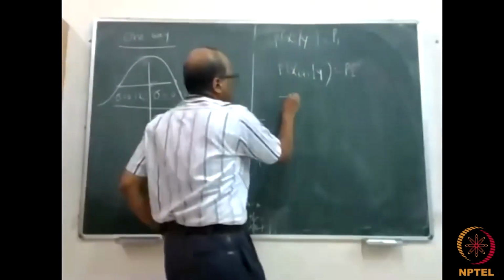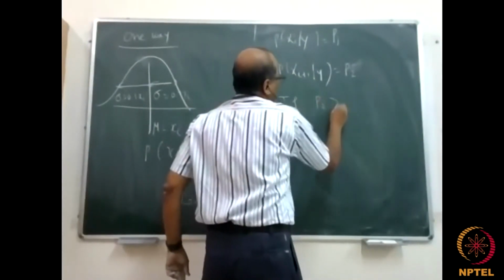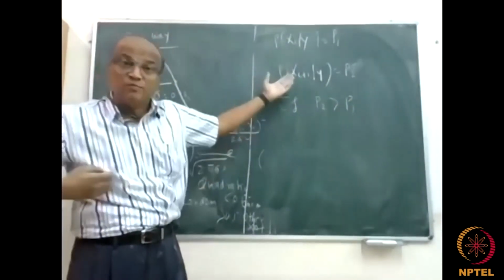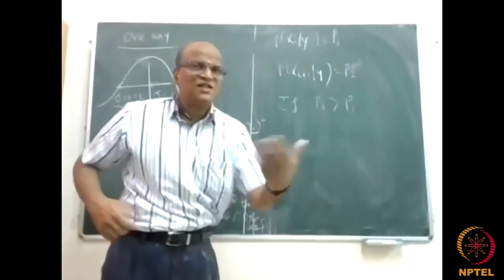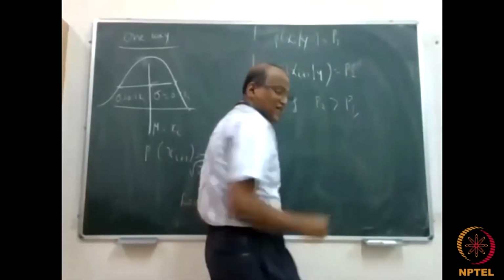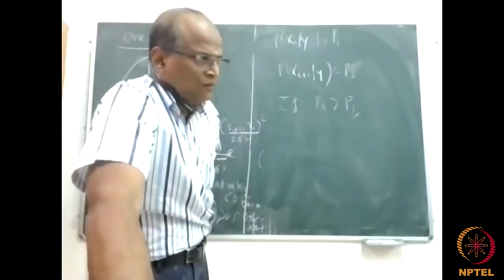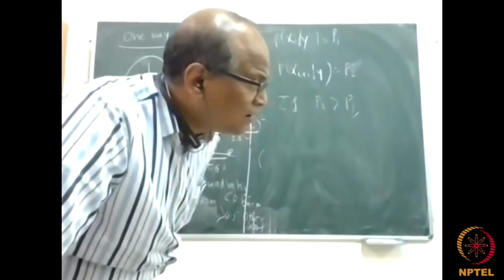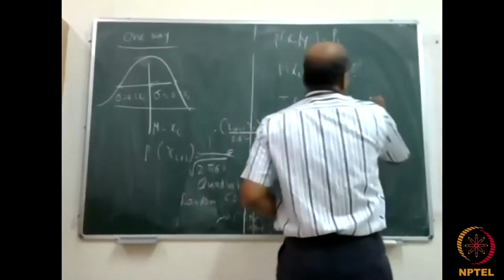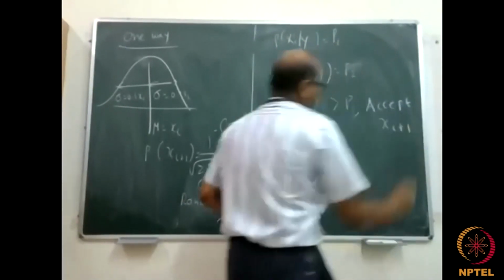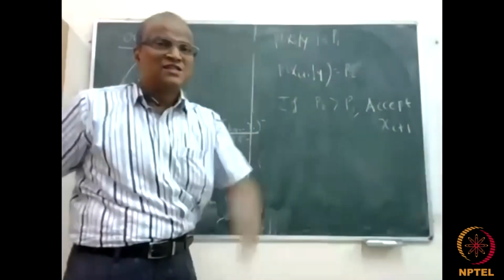Calculate P1 and P2. If P2 is greater than P1, that means the posterior probability of xi plus 1 is higher. Will you accept xi plus 1 or not? Please tell me. Yes, sir. Accept. Okay, good. Very good. Accept xi plus 1. What does common sense tell you?